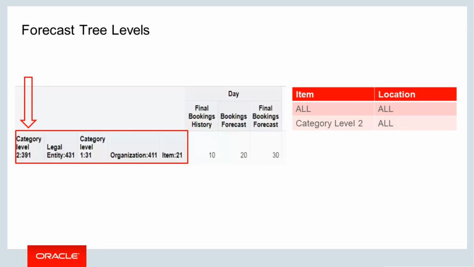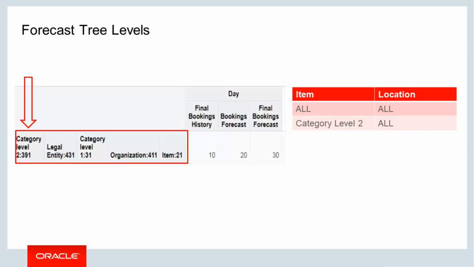Then we start moving from the left outer side towards the inner level, and at each step we go one level down the forecast tree, replacing either an item or a location level. The first most outer level in our forecast tree is an item aggregation level, category level 2.